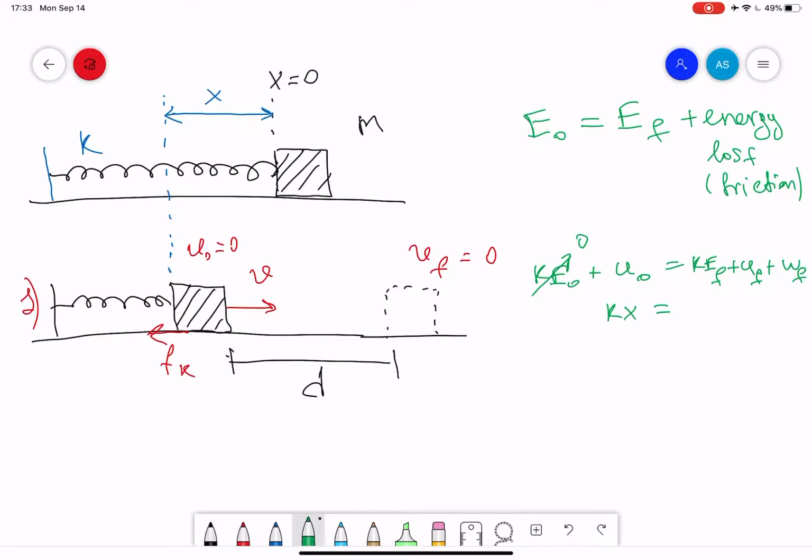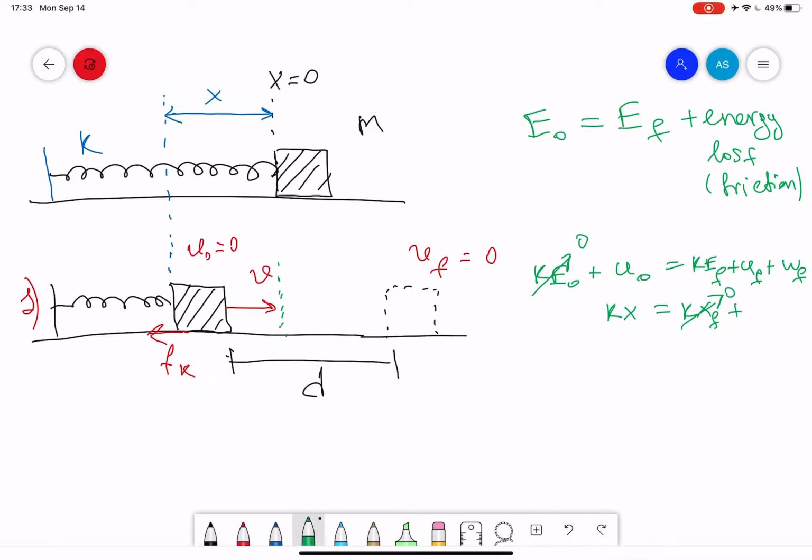When we release it, all the potential energy of the spring will be converted to another form of energy, so the final spring potential energy will be equal to 0 because it comes back to its initial state.